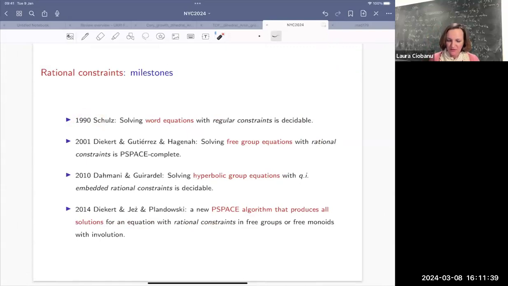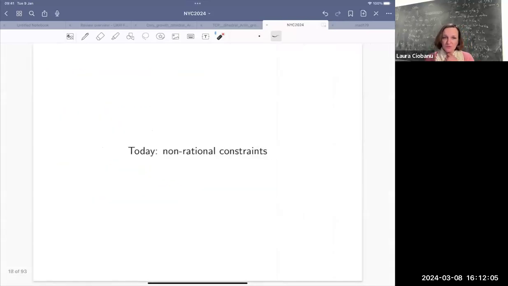When I say word equations, I mean in free monoids, and I'll come back to that. So there's a very successful and important line of research dealing with rational constraints, involving not just computer science results, but also, for example, hyperbolic groups. So there's a lot of work in this direction, but what I want to talk about today is non-rational constraints.